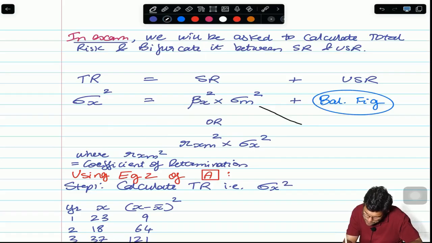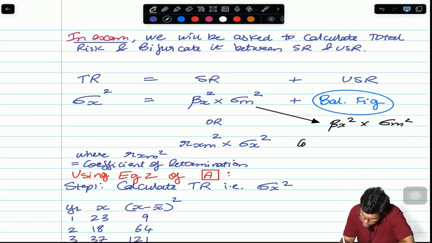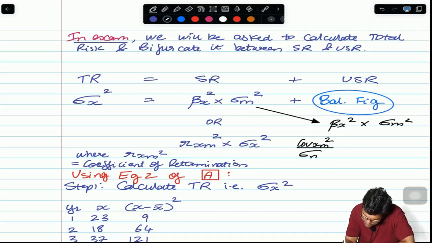Students, beta x square into sigma m square, correct? Can I say beta x square will be covariance xm upon sigma m square.